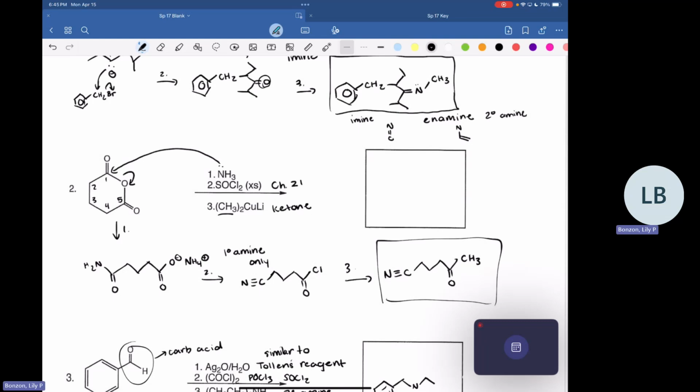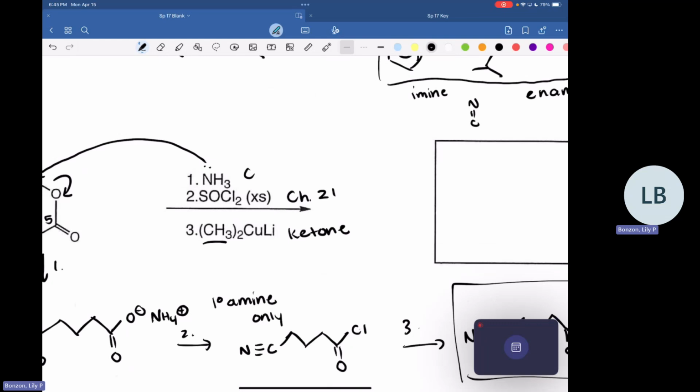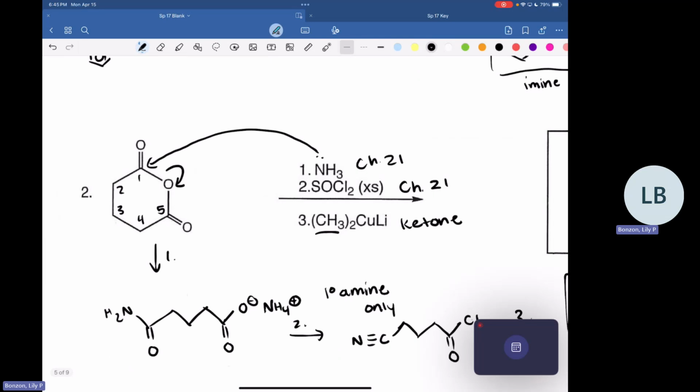That is a good question. So one hint is that we're only given just NH3, we're not given excess. So if it was excess, maybe. But this one's also actually in chapter 21, the diagram, or the reactions wheel. The anhydride reaction with the amine. Yeah.